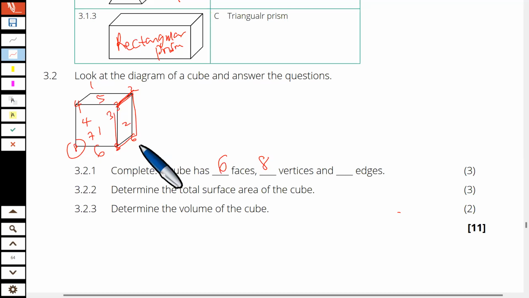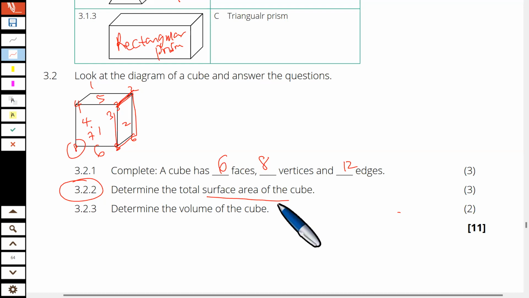So you have 4 plus 4, that gives you 8. And then you have 1, 2, 3, 4. What is 8 plus 4? 12. 12 edges.